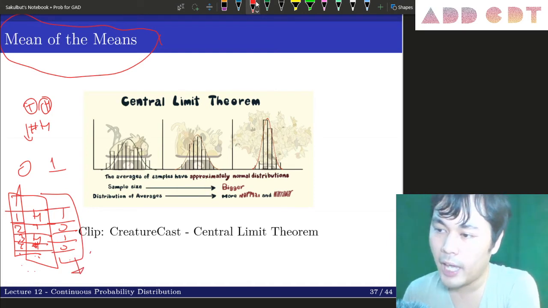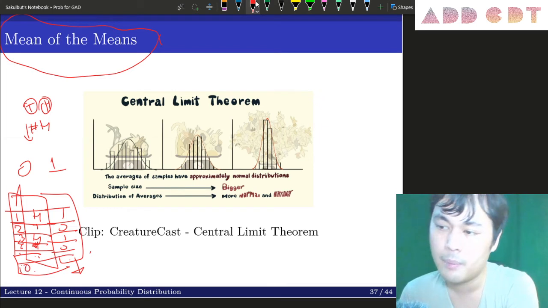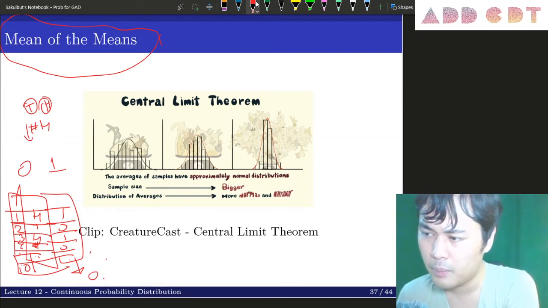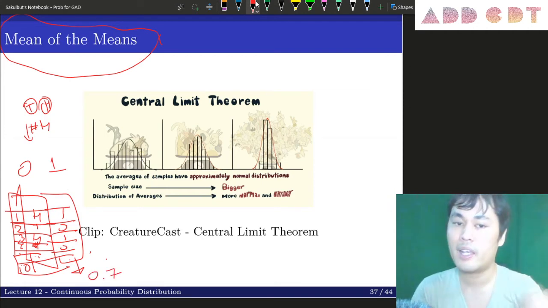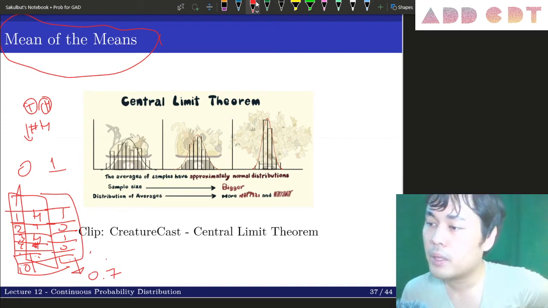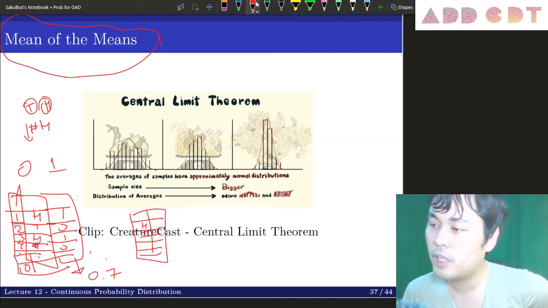At the end of the experiment, let's say you repeat that 10 times, you can find the average number of heads. In this case, maybe it's 0.7. You are lucky and get 7 heads, and you repeat the same experiment again. You flip heads, tails, and you find an average again.